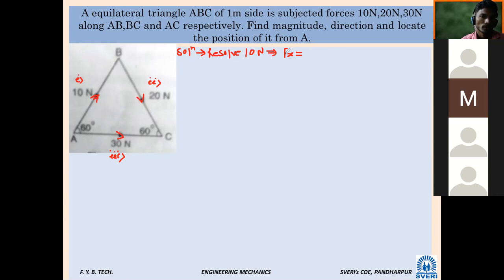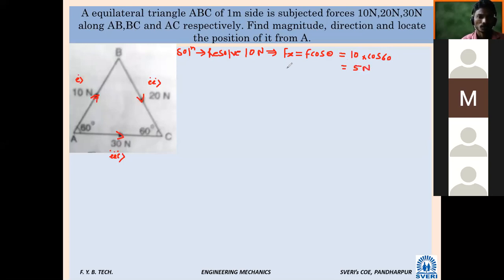What will be the value of F? 10 into cos 60. Tell me this value. 5 Newton. What will be its direction?